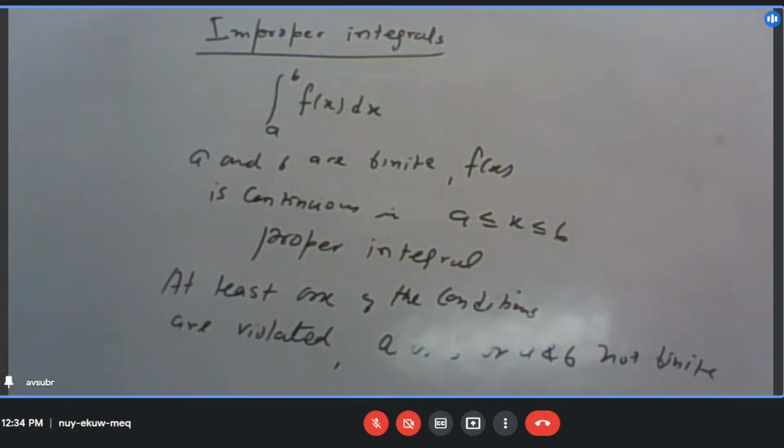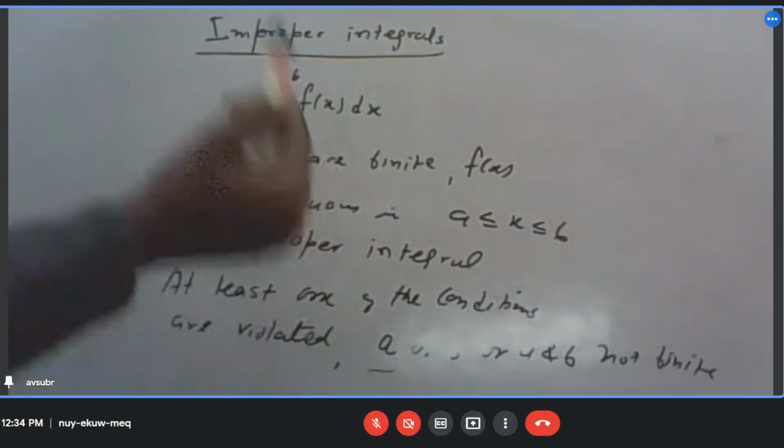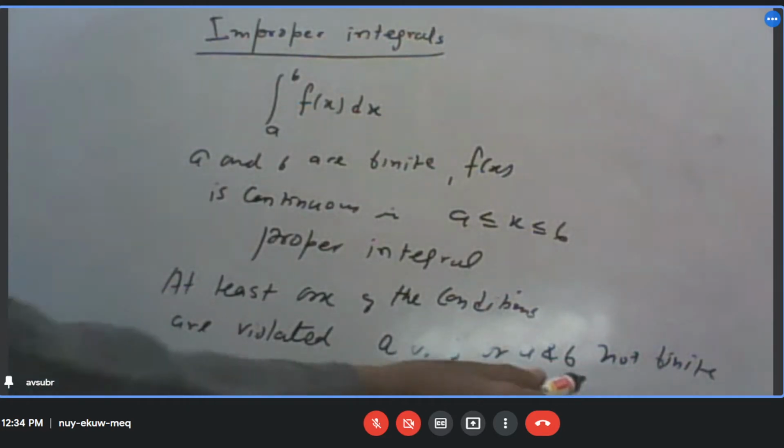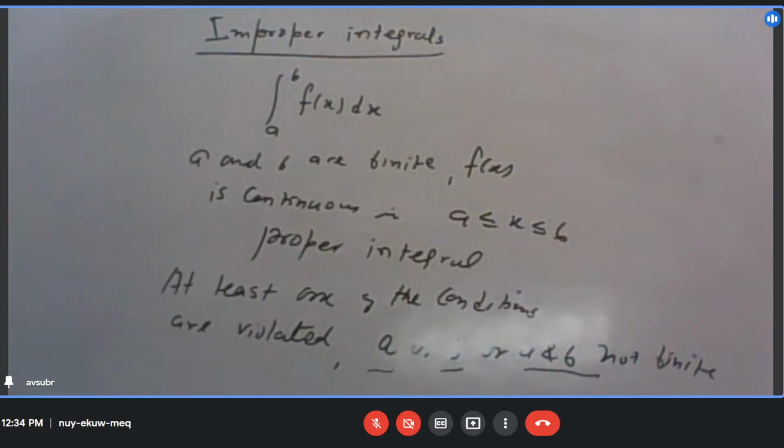What if in an integral of this kind, these limits A or B or both A and B are not finite, or the function is discontinuous at some point between A and B?